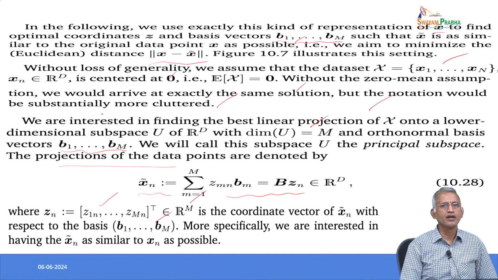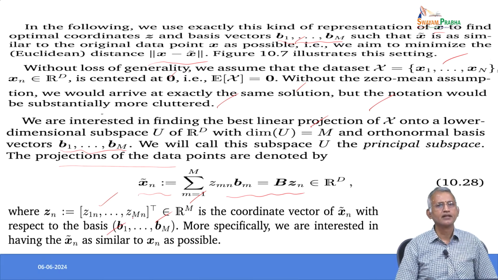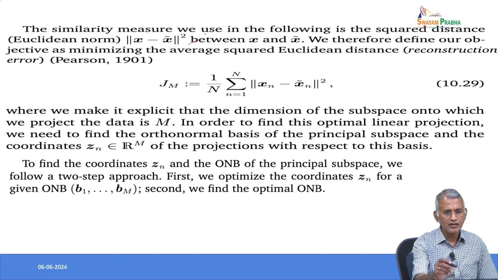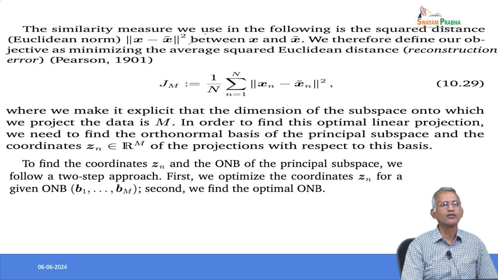More specifically, we are interested in having xn tilde as similar to xn as possible. The similarity measure we use is the squared Euclidean distance, norm of x minus x tilde squared, between x and x tilde.